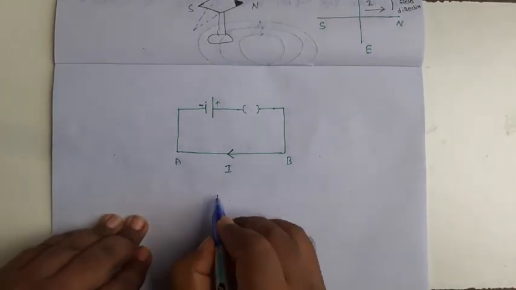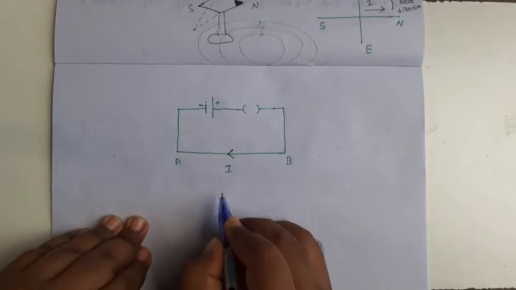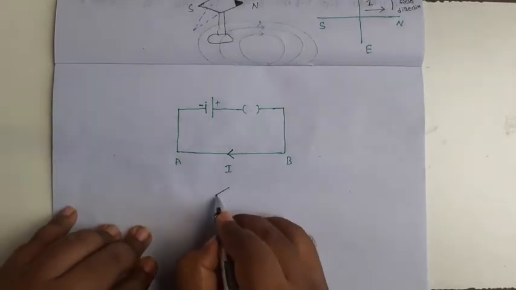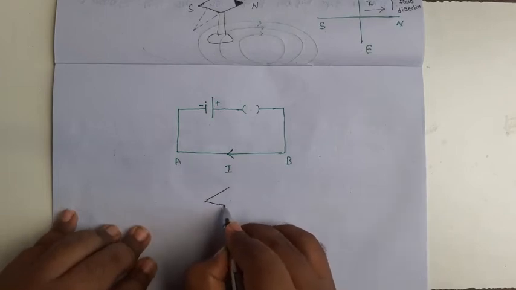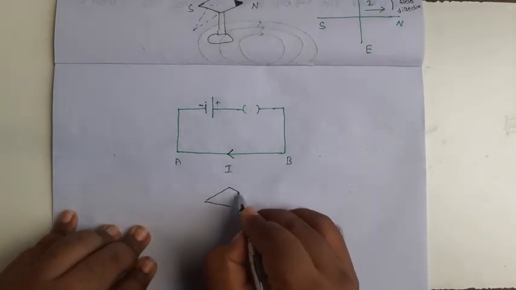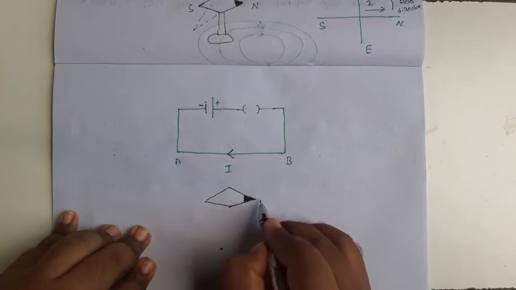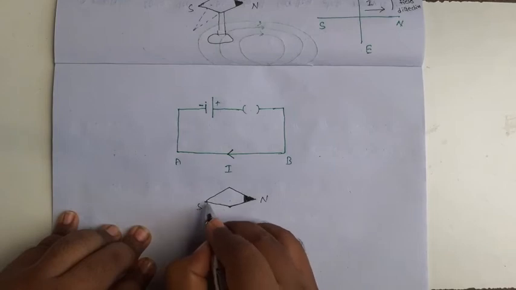After that, Oersted placed a magnetic needle. This is the magnetic needle, north and south.